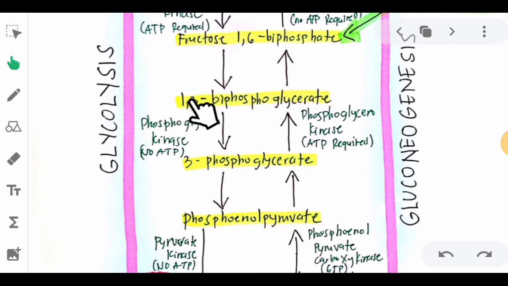We have 2 phosphates here, right? So with the help of this enzyme, a phosphate has been removed, and you only have the phosphate in 3-phosphoglycerate. But in gluconeogenesis, when you convert the 3-phosphoglycerate into 1,3-bisphosphoglycerate, you will need an ATP because you will add a phosphate on the first carbon. So you now have the 1,3-bisphosphoglycerate here.